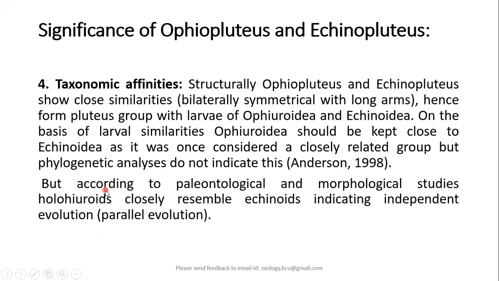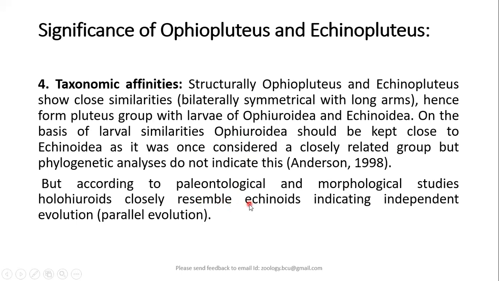Because according to the paleontological studies, based on the fossil studies and morphological studies, if you look into the external features of Ophiuroids, that is nothing but the Ophiothrix, and compare the structure of Ophiothrix with the echinoids, that is Echinus, that is nothing but sea urchins, there is no resemblance between the external features of adult sea urchins and that of the brittle stars.